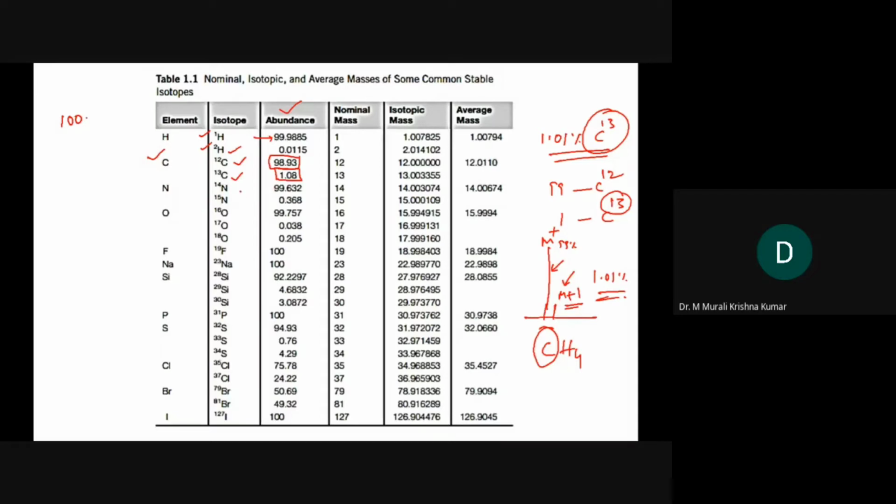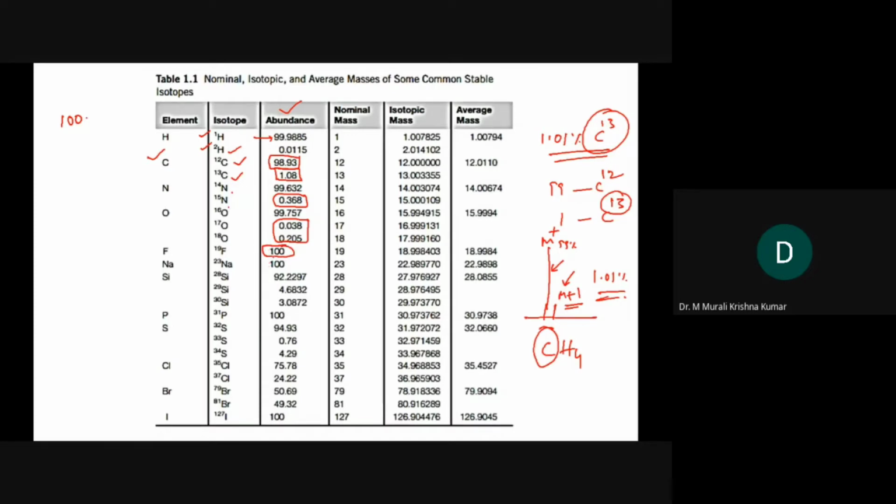And then if you look at other M plus 1 contributors, in case of nitrogen, N14 and N15 can be there, but the percentage is almost negligible because this is almost like 1/3 of the carbon contribution. And in case of oxygen, they are very, very less. In case of fluorine, you don't have any other isotope.